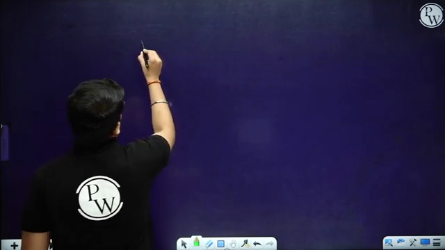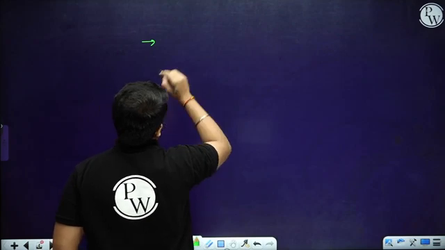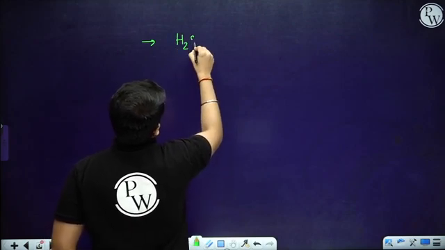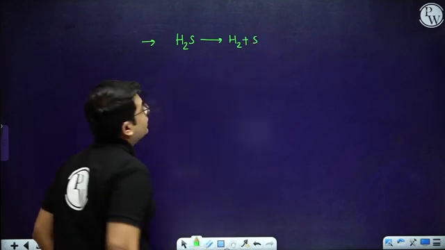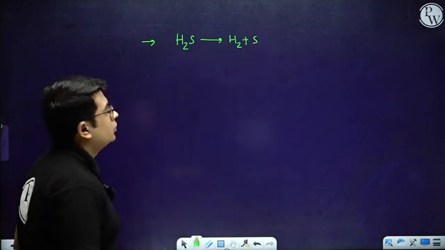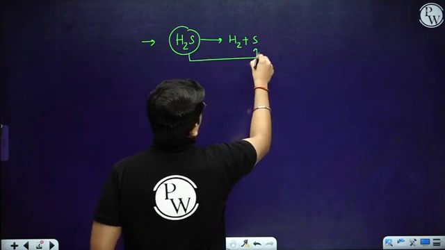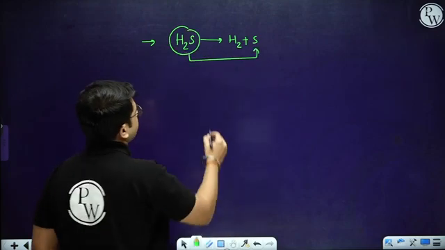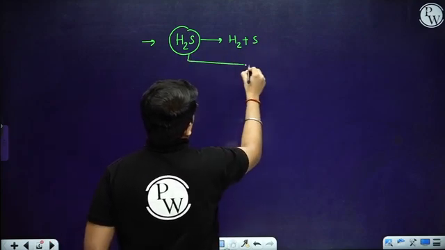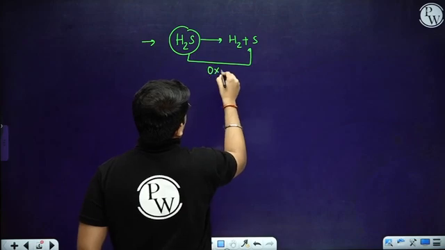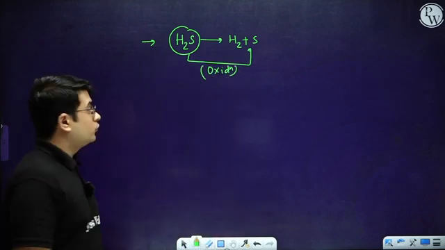For example, let's say H2S is being converted into H2 plus S, a hypothetical reaction. The removal of hydrogen is basically oxidation. So that entire process is basically your oxidation, removal of hydrogen.